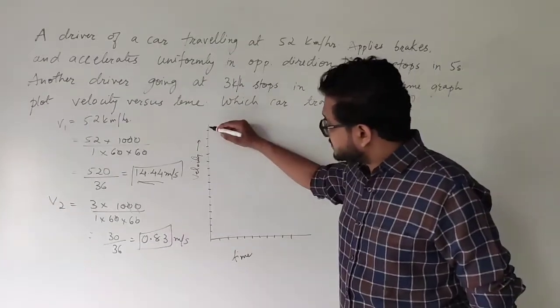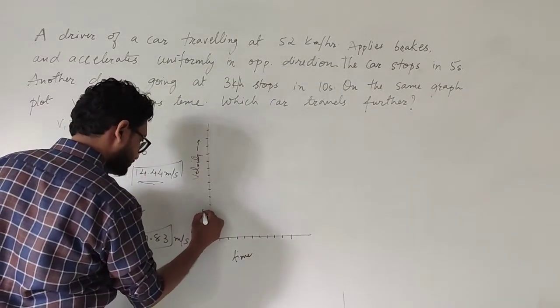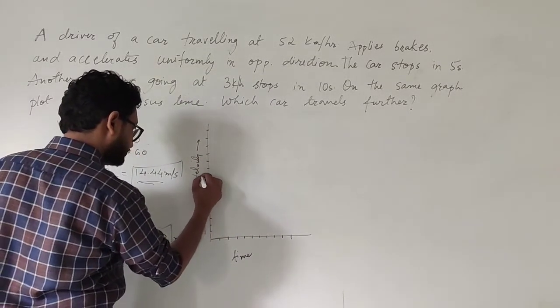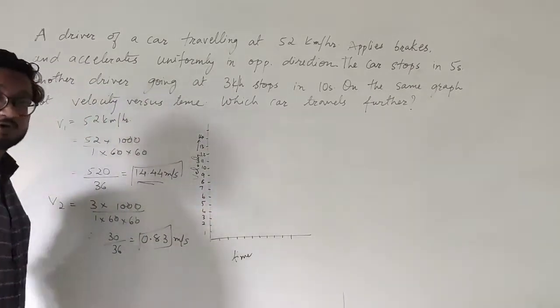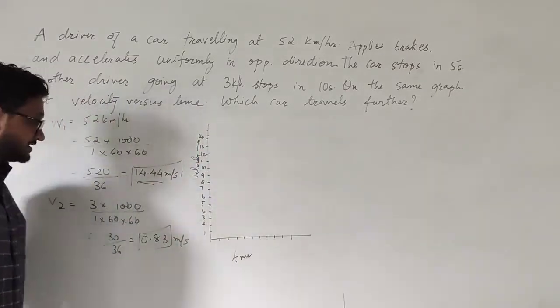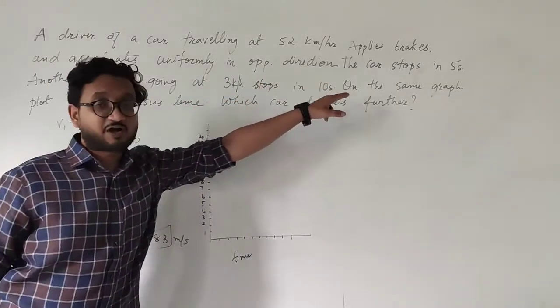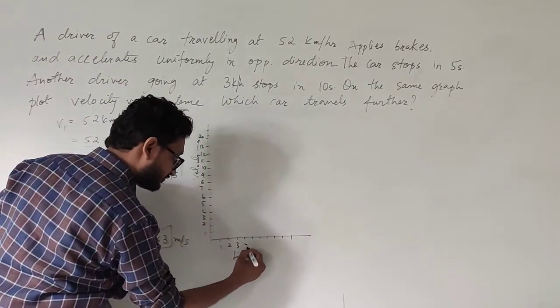I will mark all the points here. We have 14.4, so it is somewhere over here, and it takes 5 seconds. So 14.4 at 5 seconds, 1, 2, 3, 4 and 5.